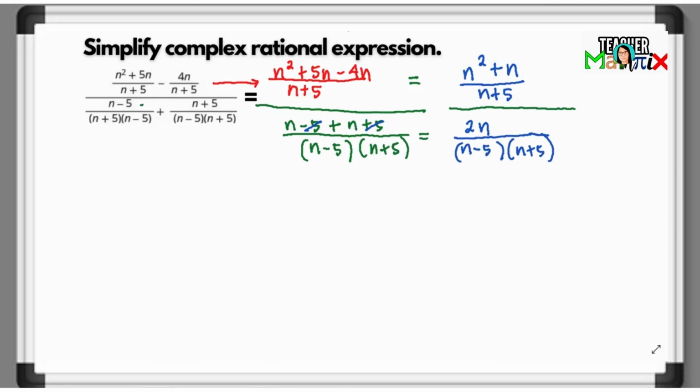Okay, let me proceed. Let me choose another color. Let me occupy this space. Since we are done combining the alike terms, let's apply the basic arithmetic.